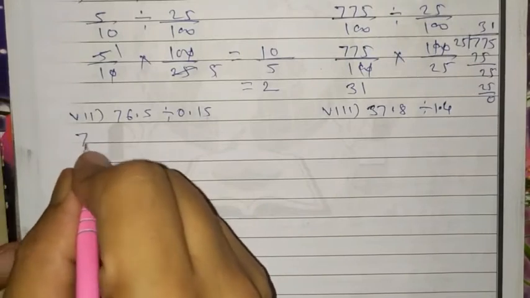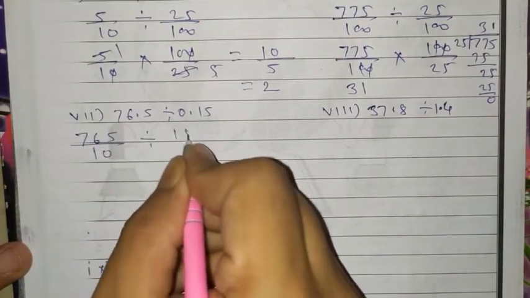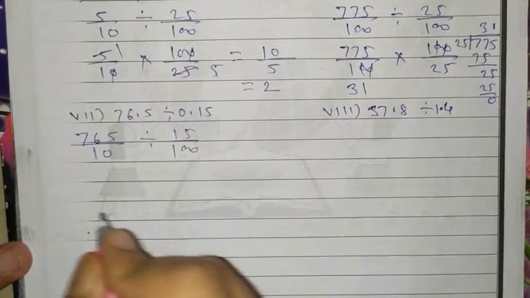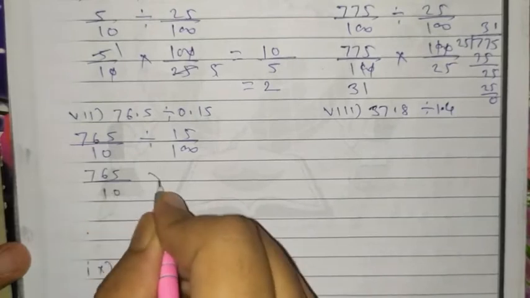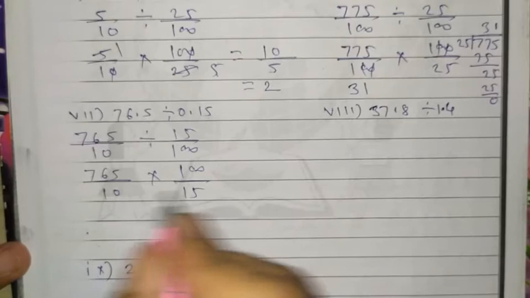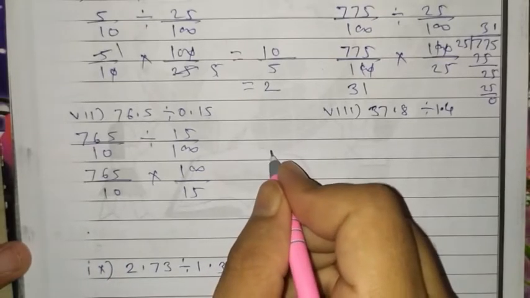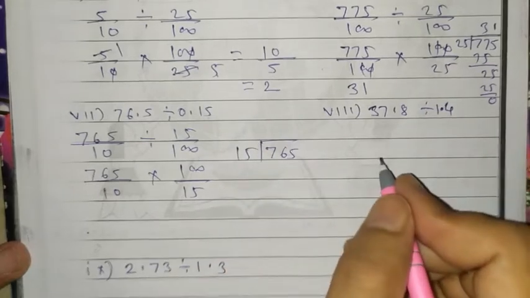Then this number, write without decimal point upon 10, division sign 15 upon 100. 765 upon 10 into the reciprocal you have to write. So this number you can divide by 15, 765 and then 15.